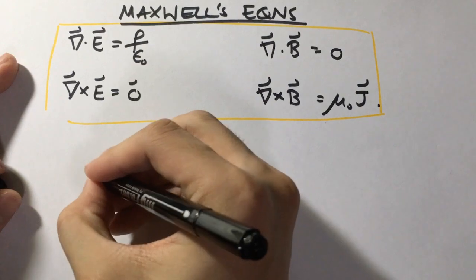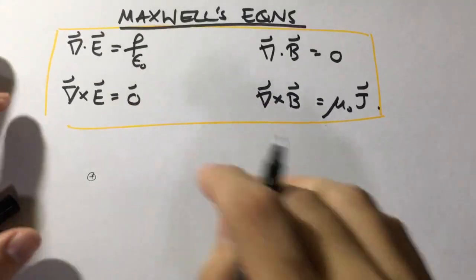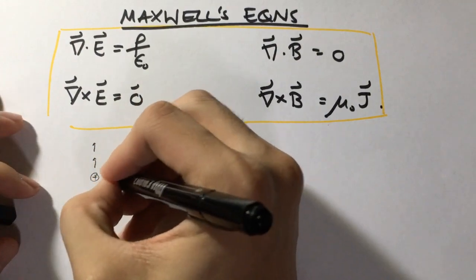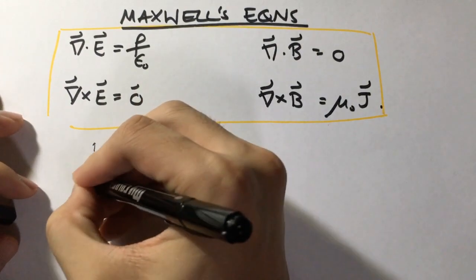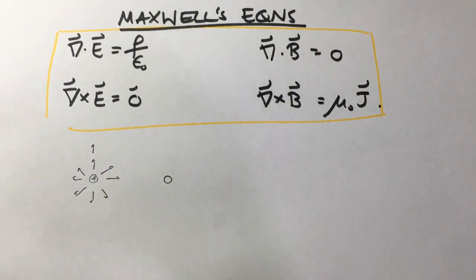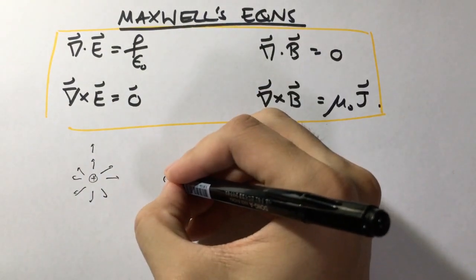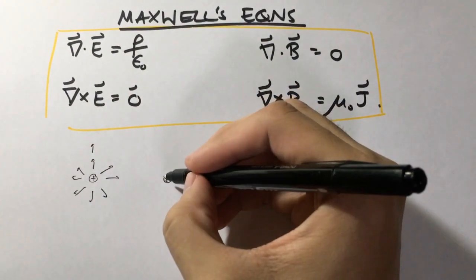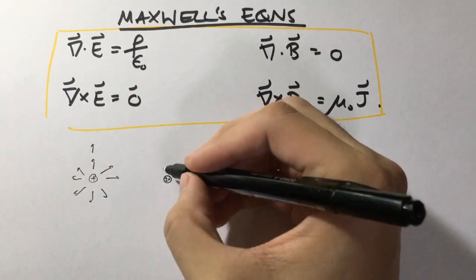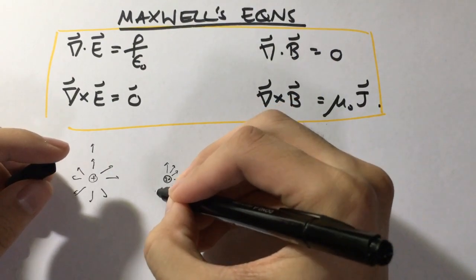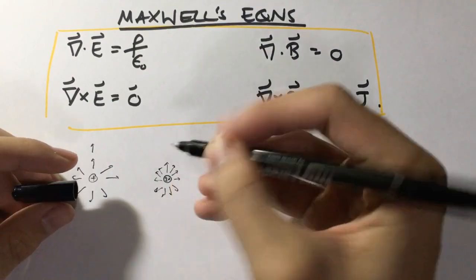For example, if you have a positive charge, then the electric field radiates outwards like that. But if instead I have an even more positive charge, maybe 2 positive charges there, then the electric field must be even stronger because there's more charge concentrated there.